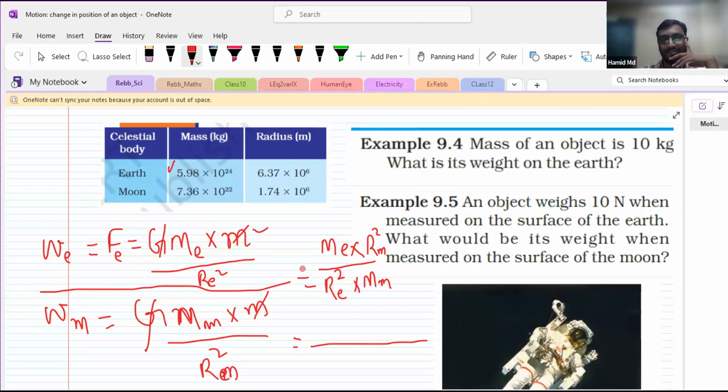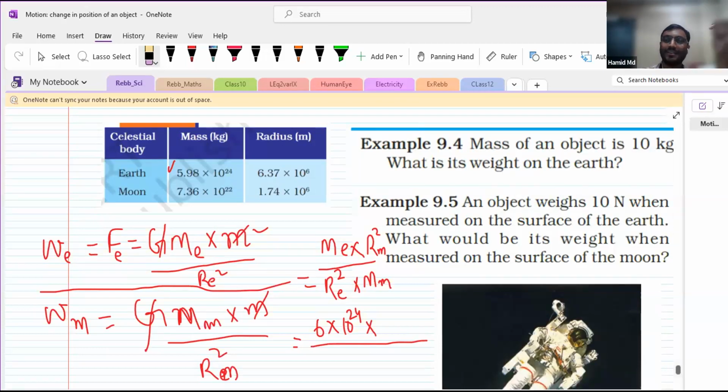So just to make the calculation a bit easier, 6 raised to the power 24. What is R of M? R of M is 1.74. Let me do it exactly. We will use a calculator.